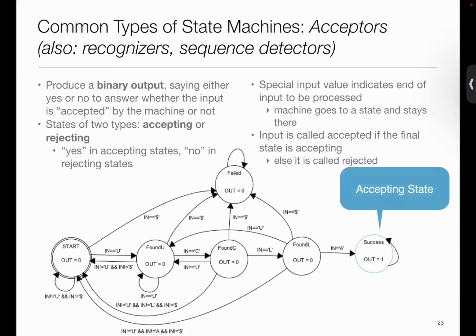So let's talk about acceptors first. The idea behind these machines is that they are seeking to recognize patterns. There's an input coming in, and they are on the lookout for some pattern in the input. Whenever the pattern is found, they are supposed to indicate that.